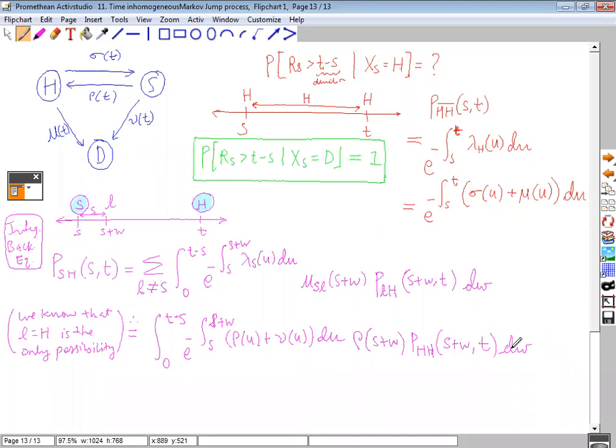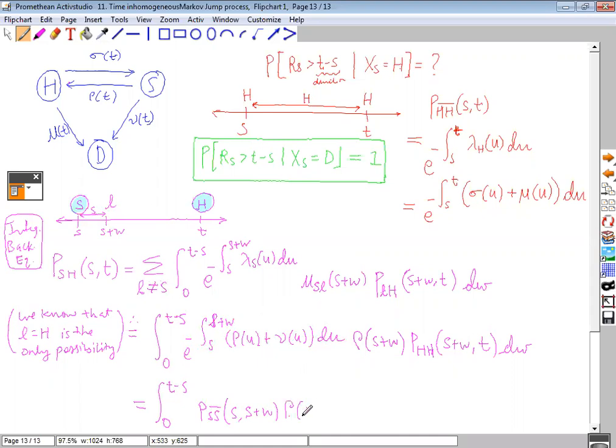So again, here is another way you can rewrite this. If you do not want to write this whole e raised to stuff, you can rewrite this as P, and you're going from S to S. I mean, you stay in the sick state from time S to S plus W, and this will account for this whole big term.